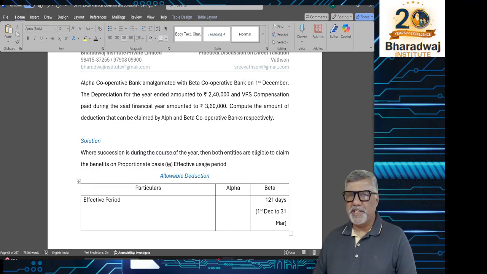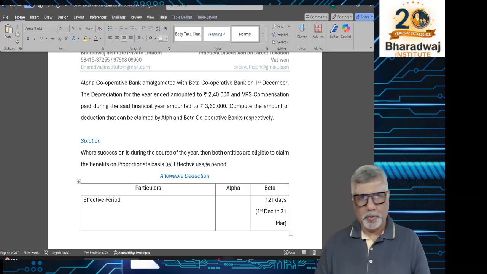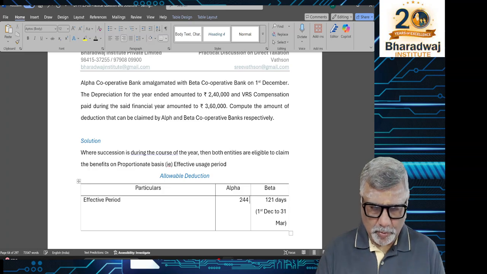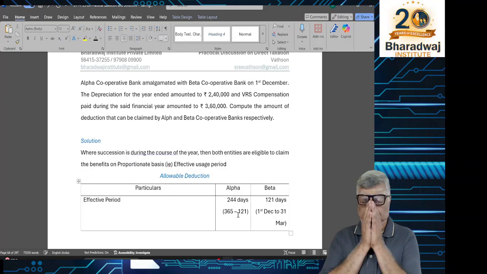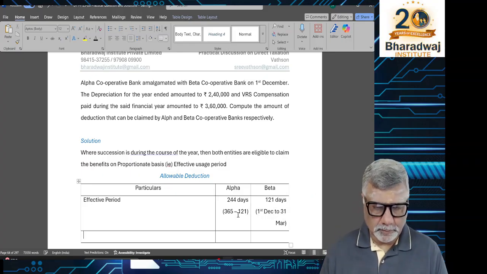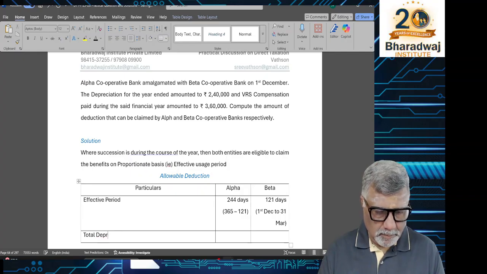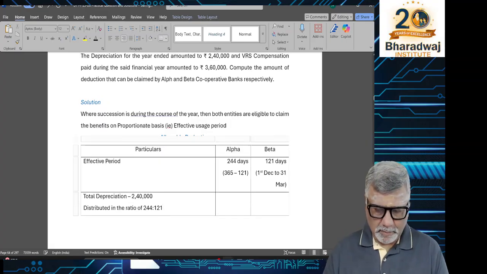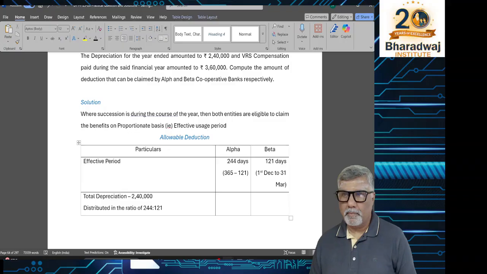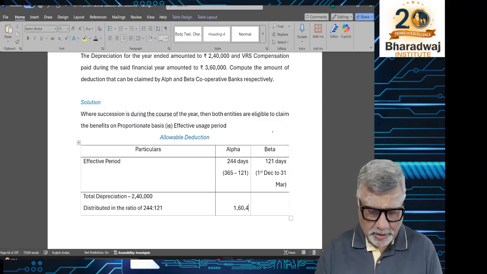Correct? Here 365 minus 121. 1 lakh 60, 438.